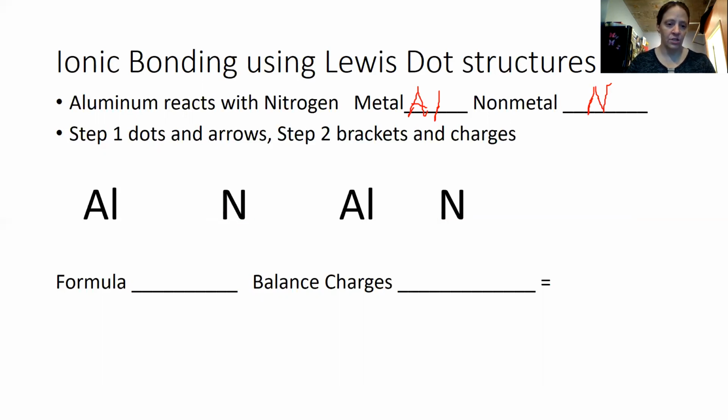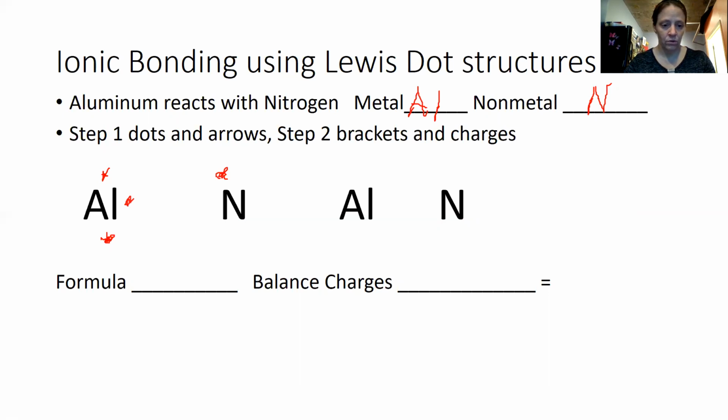And then as we said before, now we remember what the valence electrons were. We said that aluminum has 3 valence electrons. So we have 1, 2, 3 valence electrons for aluminum. And then for nitrogen, we have 5. So we're going to start at the top here.